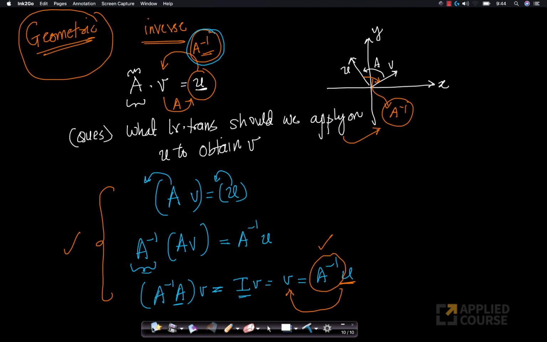Now what is the geometric interpretation of adjoint of A? It's slightly hard to give an exact simple geometric interpretation, but what is adjoint of A? You can write adjoint of A as det of A into A inverse. What does this mean?